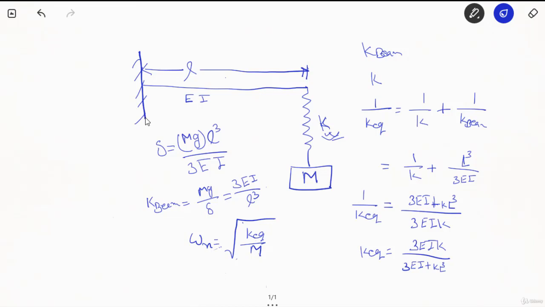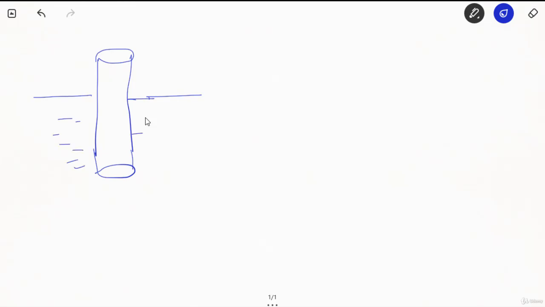Now let us take one more example. Suppose there is a cylindrical bar that has been dipped inside a liquid of density, let us say, rho, right?